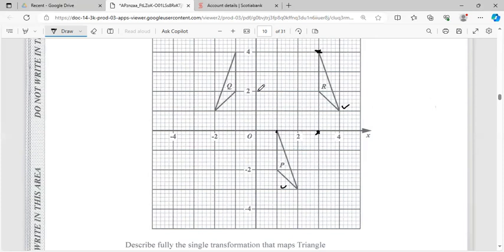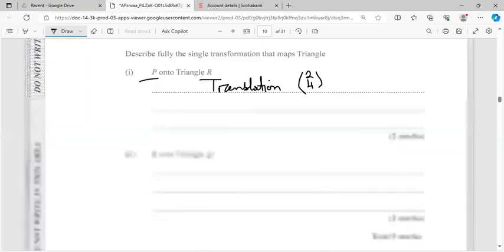Let's find the distance between them. It's halfway, which is 1. So right here would be the mirror line. So this line is x equals 1. Alright, so it's a reflection in the line x equals 1.